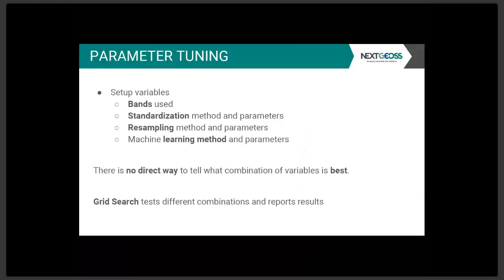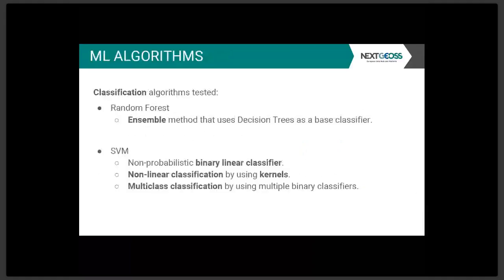In terms of machine learning algorithms, we use the classification algorithms. We use 4 different ones in our preliminary tests. We tried the random forest, which is an ensemble method that uses decision trees as a base classifier. Also, support vector machines.